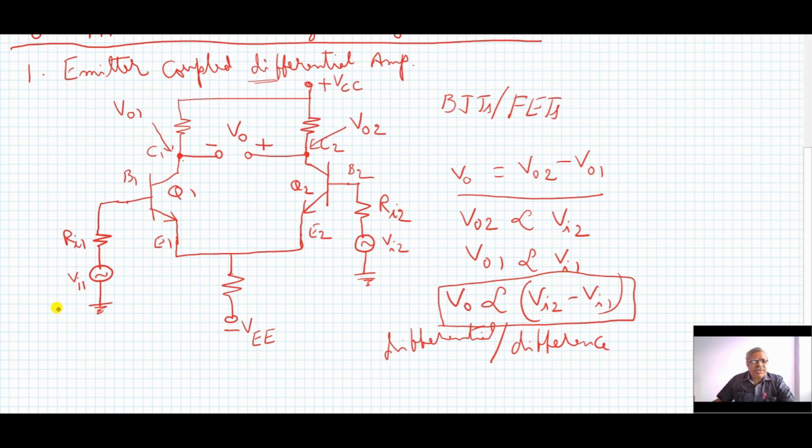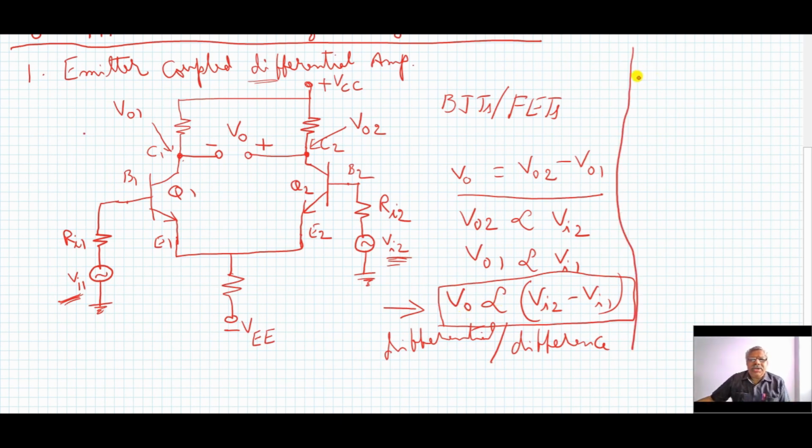Means here the input signals what we apply, Vi1 and Vi2, they may be either AC or DC, or one input may be AC, another input may be DC, or both may be AC or both may be DC. So this circuit is able to amplify AC signals as well as DC signals, but the final output is directly proportional to the difference of the two input signals. That's why it is called as differential amplifier.